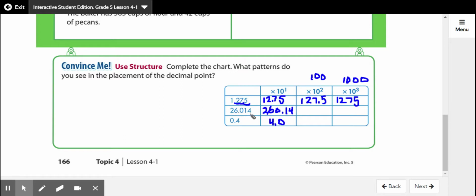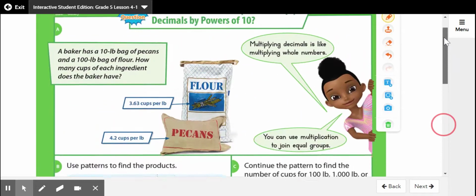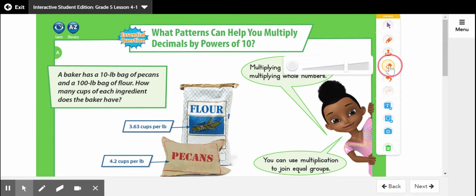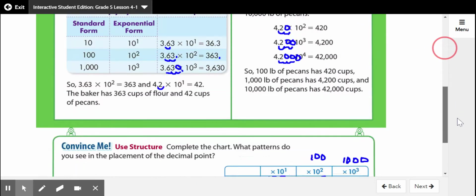Now here, this 26.014, if I moved it over 1, we got the 260. I'm gonna move it over 2 and put it right there. Okay, so now it's 2,600, 1 point. That doesn't look good. Hold on 1 second here. Let's erase that so everybody can see.